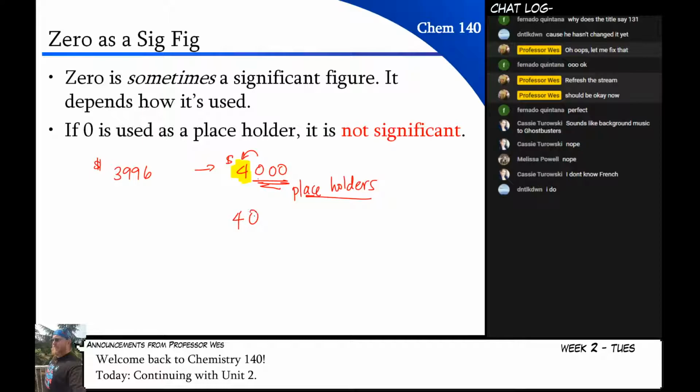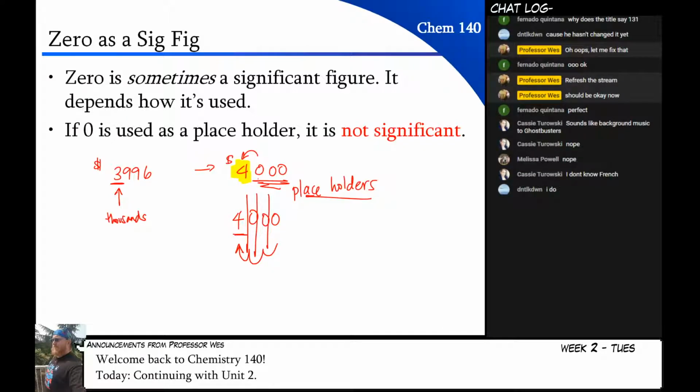If I only have one 0 there, then this is 40, but not 4,000, right? I want 4,000, not 4 tens. So I need to put enough zeros to force this number into the correct place. Each zero I add moves it over into the correct place. To represent the magnitude I want, I need enough zeros to push it into the thousands place, because the number I started with is in the thousands place.